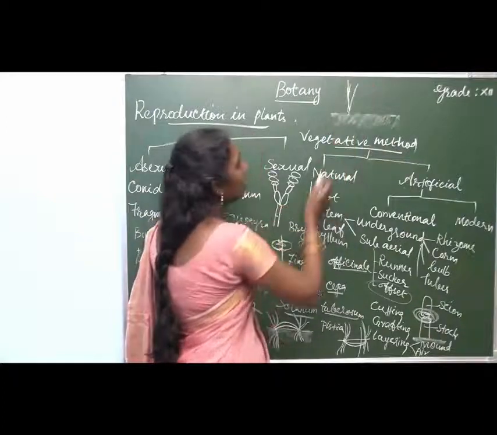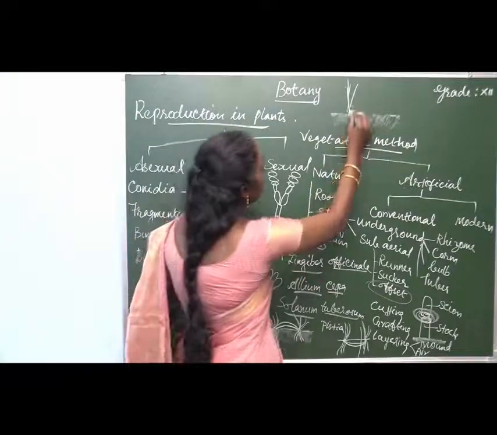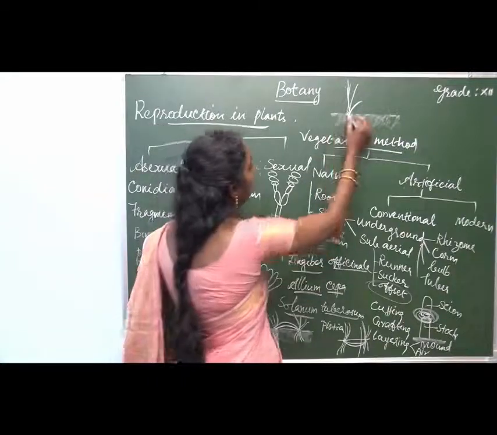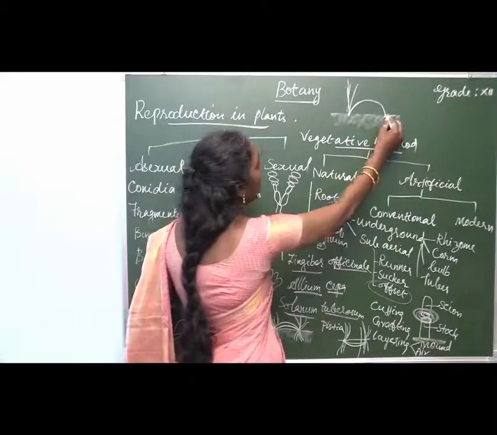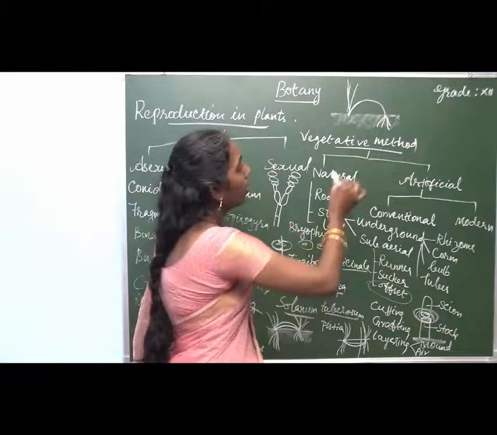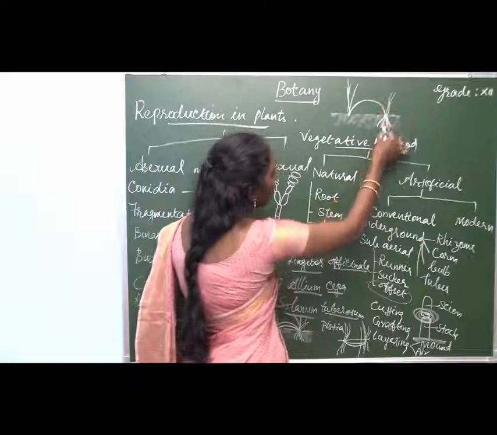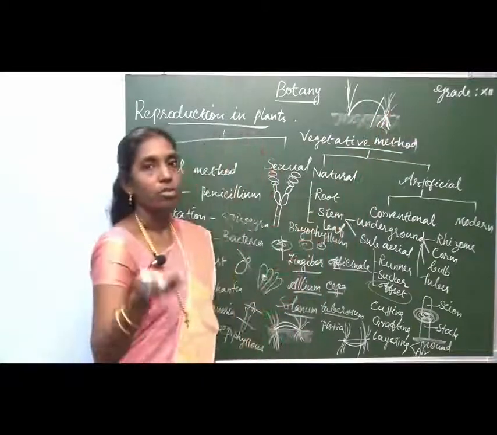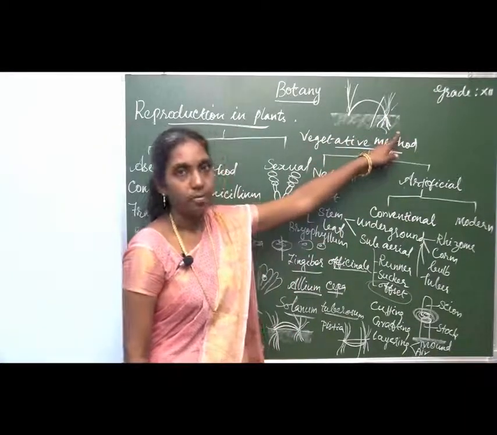In this, a flexible branch is selected. Near the soil, the flexible branch of this plant is bent down and it is allowed to develop roots inside the soil. When it develops the root, it is detached from the parental plant and allowed to grow into a new species. This method is called mound layering.